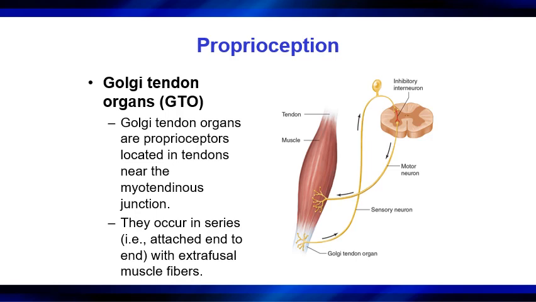Here's another application to activity. When you do stretching for a muscle, a typical static stretching protocol, or most stretching protocols, involves gradual lengthening of the muscle. The reason we want to do that is we want to limit the excitation of the muscle. We actually want the Golgi tendon organ to override the muscle spindle.